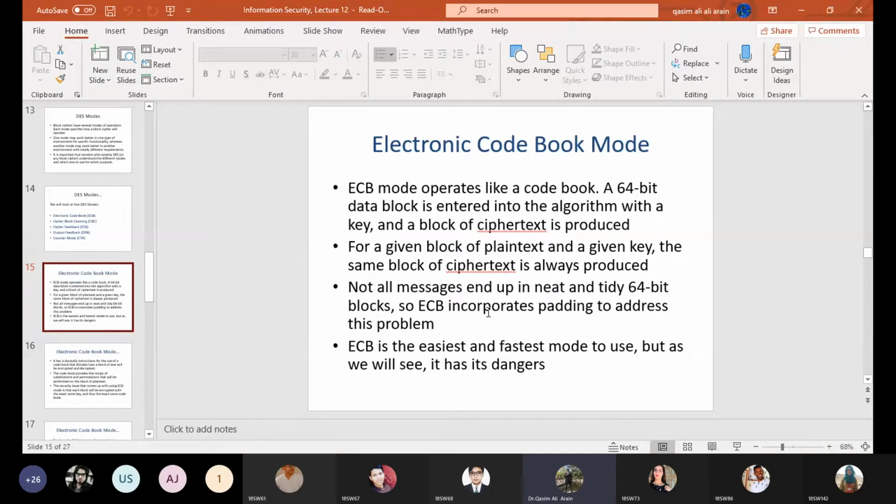So for a given block of plain text and a given key, the same block of ciphertext is always produced. I mean, if the key and plain text are the same, then the ciphertext would also be the same.